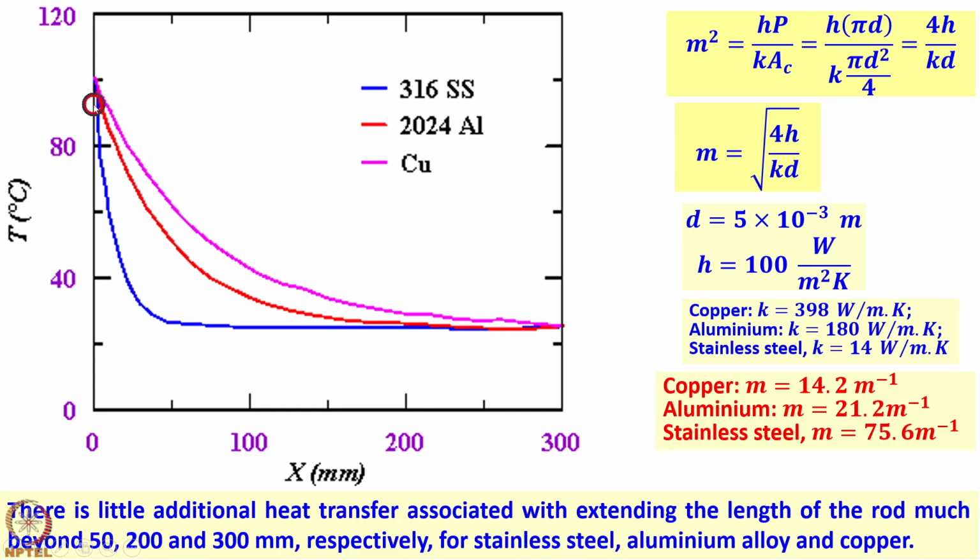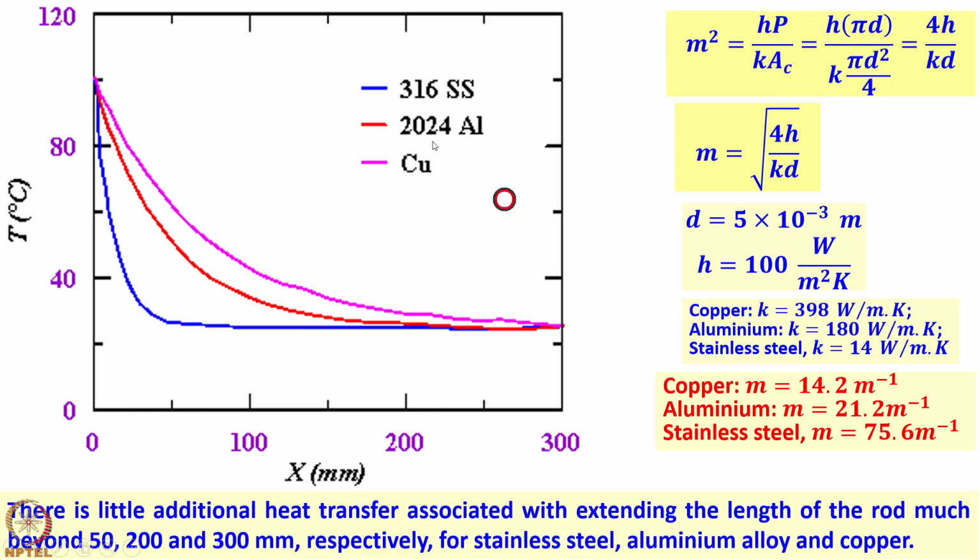Here it starts from 100 and goes to 25. Stainless steel reaches very quickly, maybe around 50 mm, for aluminum it reaches maybe beyond 200, but for copper it still takes longer lengths.